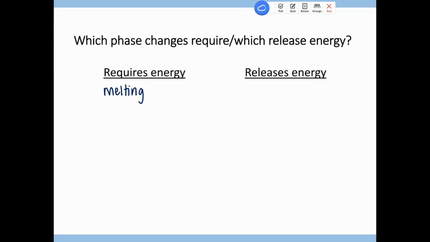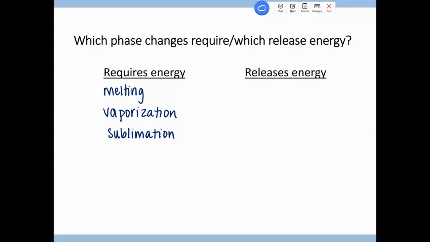Also, if a substance is going from a liquid to a gas, like boiling, you have to add heat or add energy for a substance to boil, or vaporization. And then the last is going from a solid to a gas, so sublimation. Gas is a higher energy state than a solid, so that change in phase would require energy.